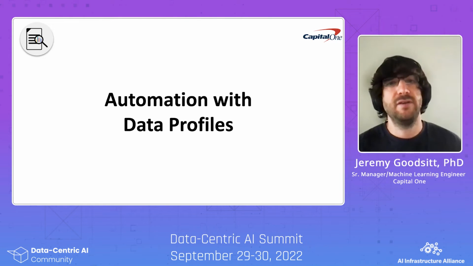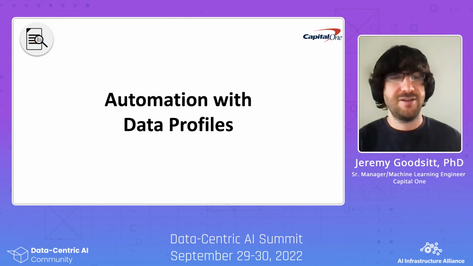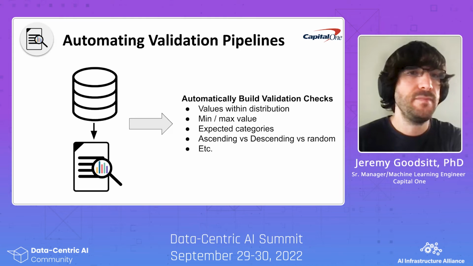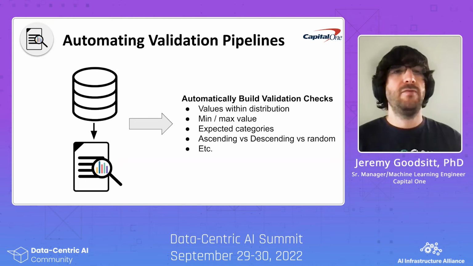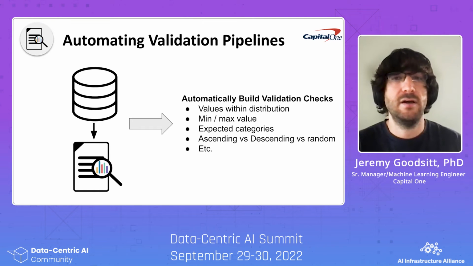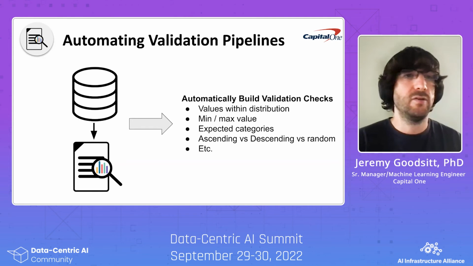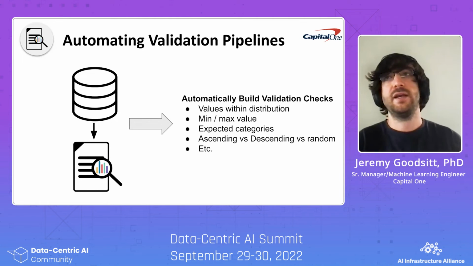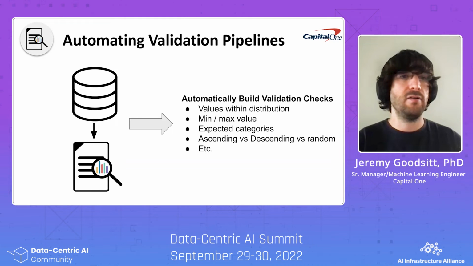Naturally, the next progression of data profiles, and I've tried to touch on this multiple times already, which is automating these use cases. And so we talked about before where data profiles can help us design our own validation checks. We can take these profiles to look at different aspects of it. For instance, what are the distribution of values within it, min, max value within a data set, expected categories. You could look at order, like within structured data, is this data set ascending, descending, random?